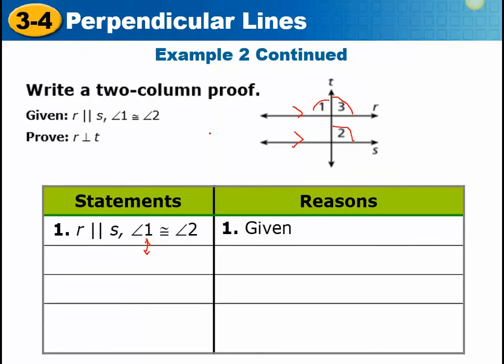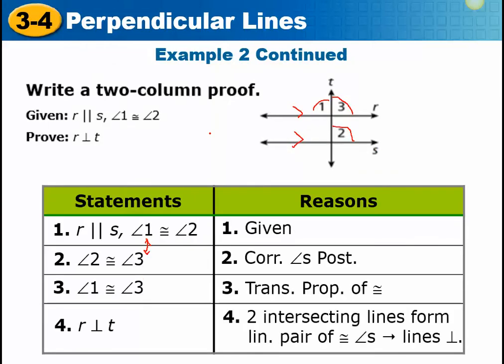There's not a nice way to write that one though. So that's the theorem that we're going to use. Two intersecting lines form a linear pair, and in that linear pair both of the angles are congruent because they're both marked congruent, because we found that out. So that means that we have perpendicular lines. So there you go, all proved.